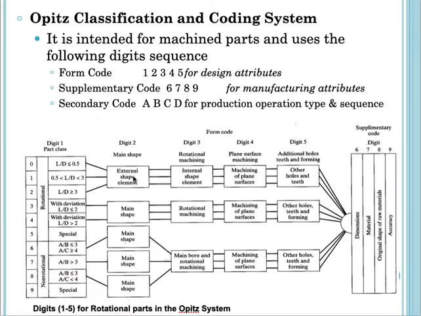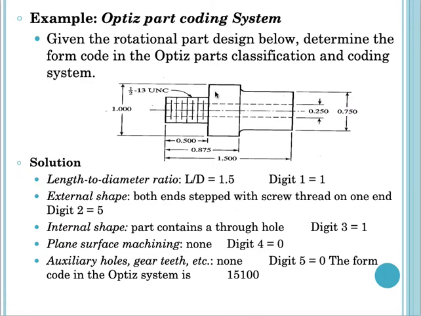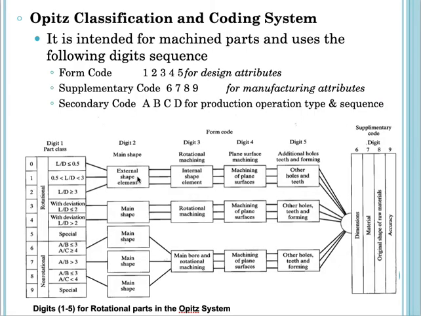If you see, this is a special case where both sides are stepped, so you can't see an external shape main shape like that.